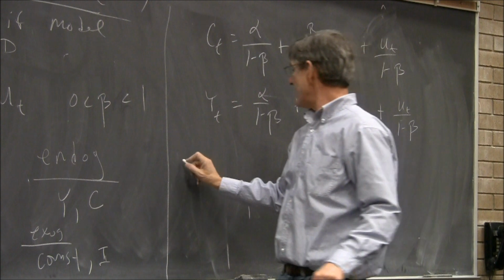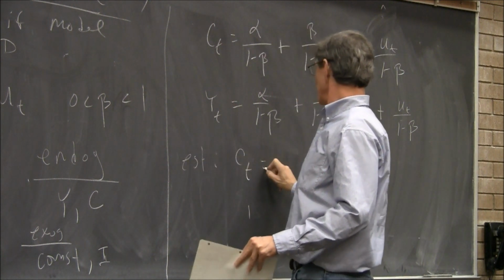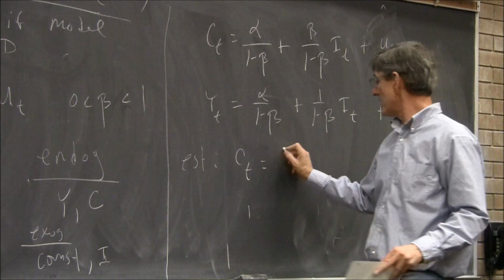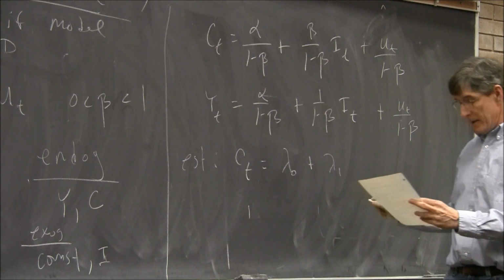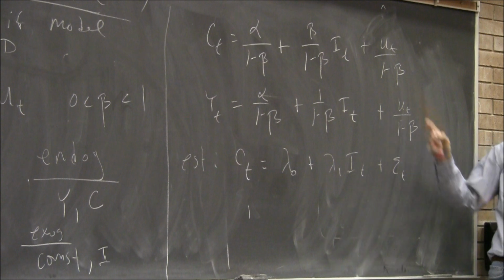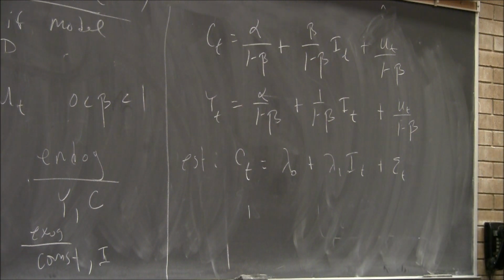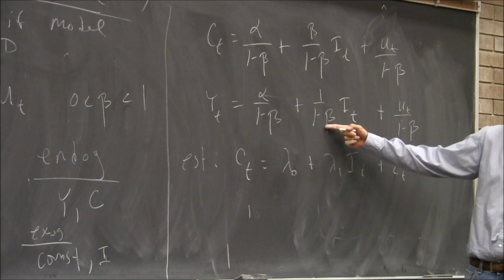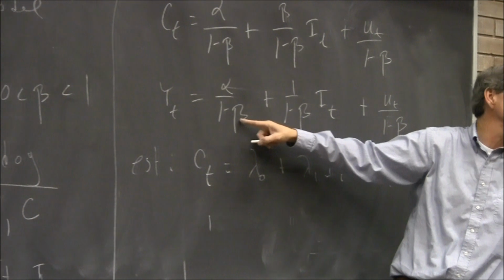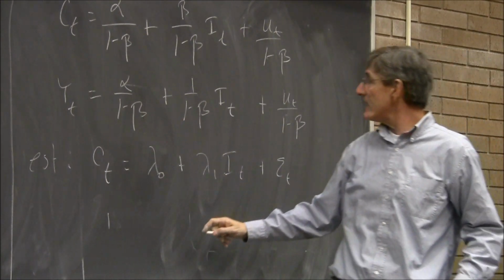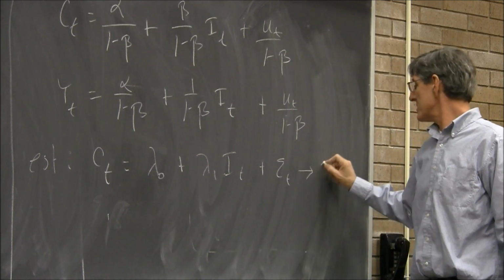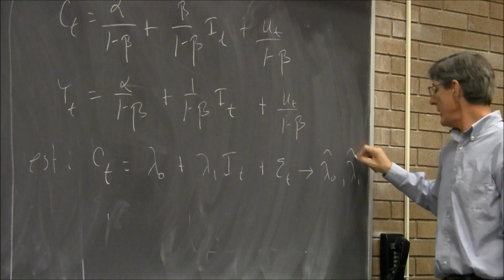So you could actually use either equation. Let's estimate C_t equals lambda 0 plus lambda 1 I_t plus v_t. So we're estimating this equation. You could estimate the other one too. It wouldn't make any difference. You can get the beta out of either one. Once you have beta, you can get alpha here. So estimate this. You're going to know lambda 1 and lambda 0. That gives you lambda 0 hat, lambda 1 hat.